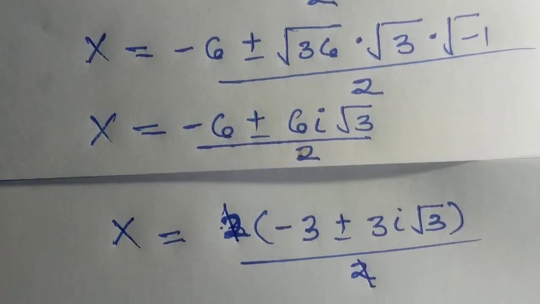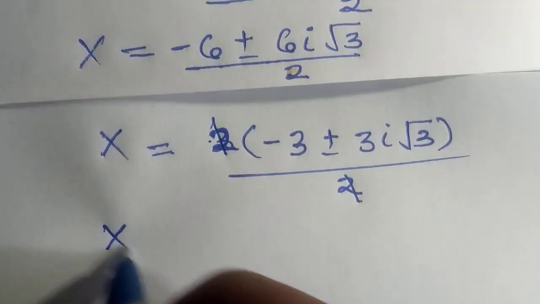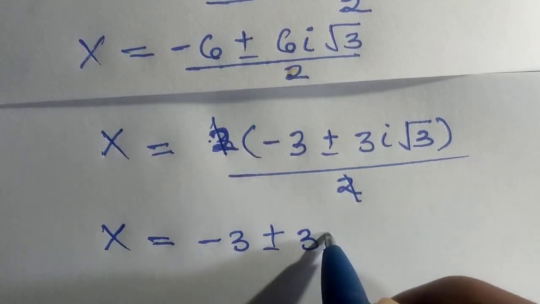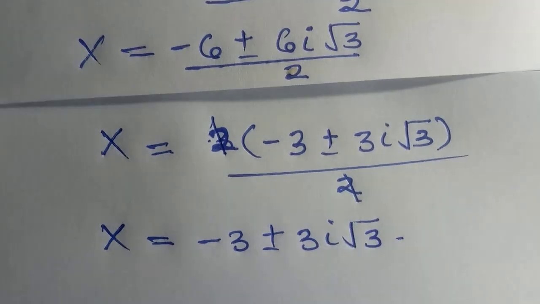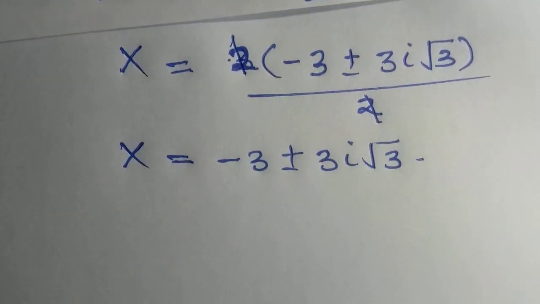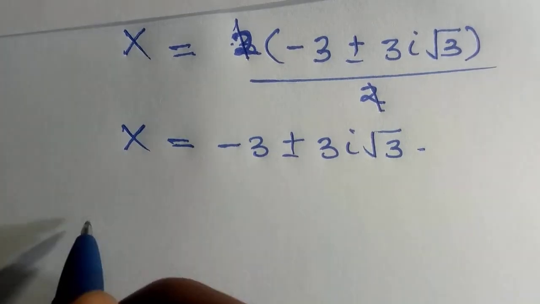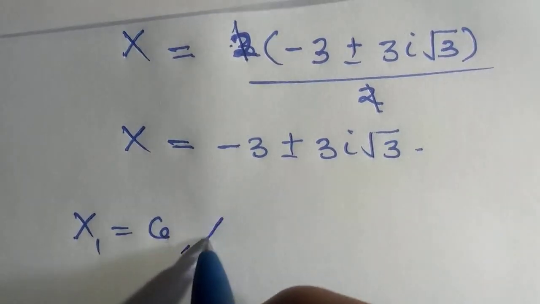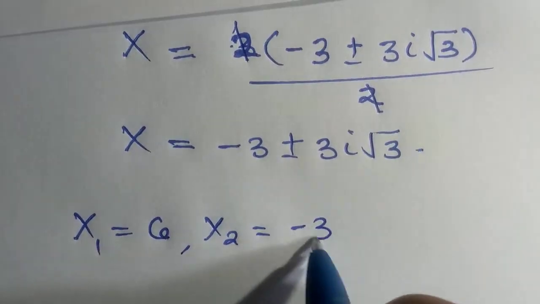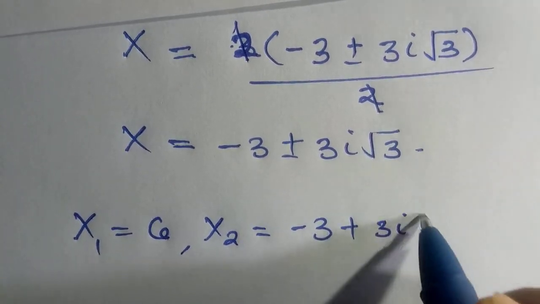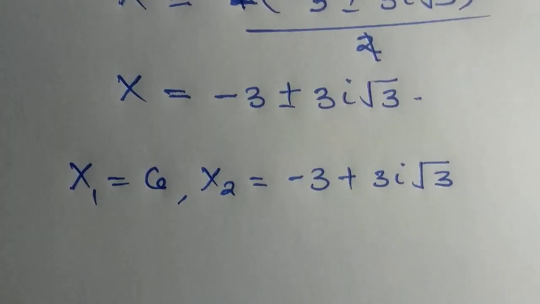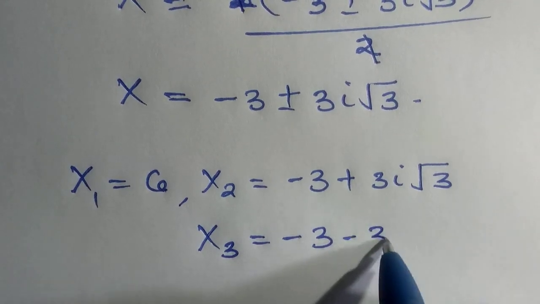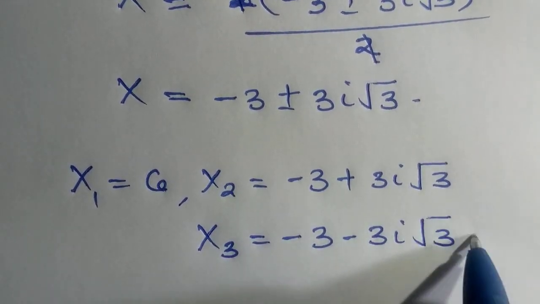So when 2 cancels 2, we have x equals minus 3 plus or minus 3i root 3. So for the first solution, we have x equals 6, which is x1. Our x2 is given as minus 3 plus 3i root 3. And we have our x3, which is minus 3 minus 3i root 3.